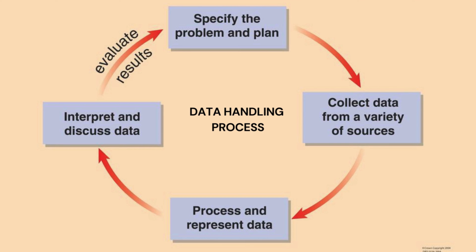Now, the last step is to interpret and discuss your data. Most of you already know how to do this, but in part 2 of the video, which will be posted on another day, this is what we will be discussing. How do you properly interpret and discuss your data?